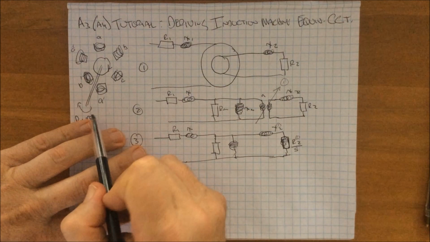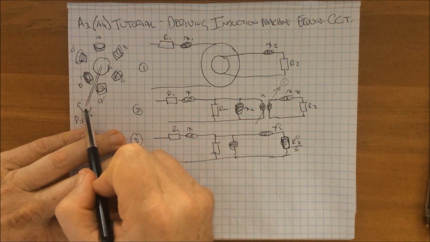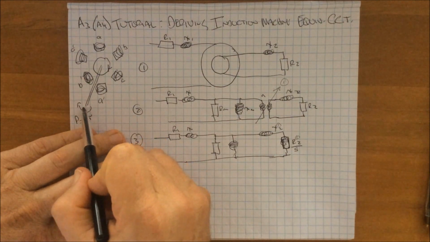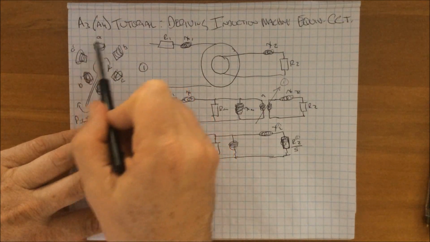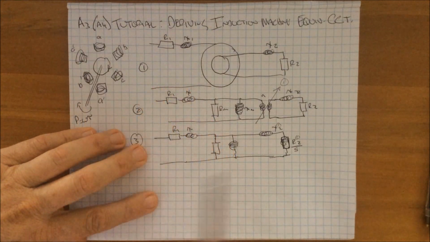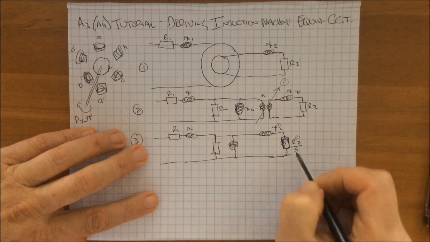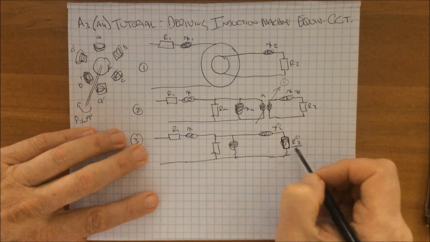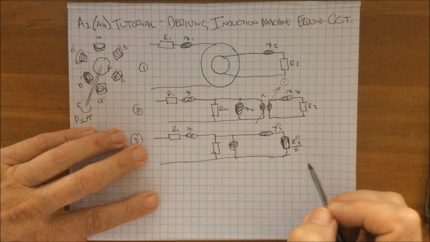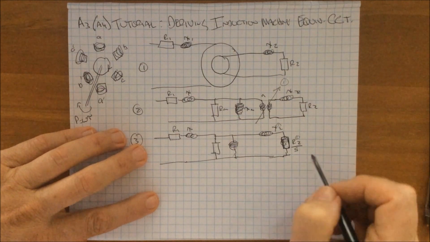Slip is the difference in speed between the rotating shaft and the rotating magnetic field that goes around here, and it's a ratio, and it's expressed in the circuit diagram as a denominator to the secondary resistance, and it works quite well.